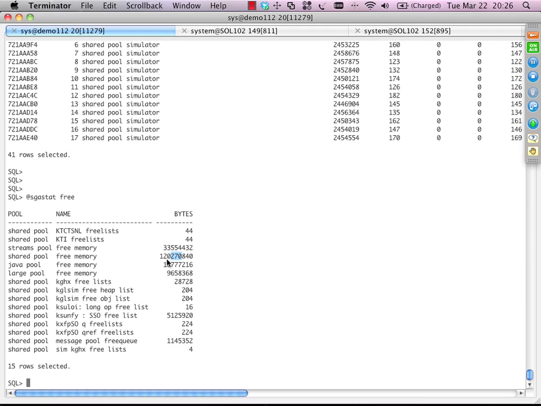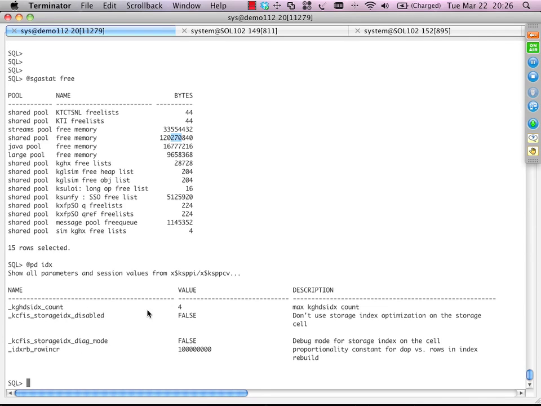And in 9i days, it was fairly common. So this is why, if you look into Metalink and search for that parameter, people often set it back to 1. And even nowadays, I've fixed problems in 11G as well by reducing it from 4 to 2 or from 7 to 3 or something like this.